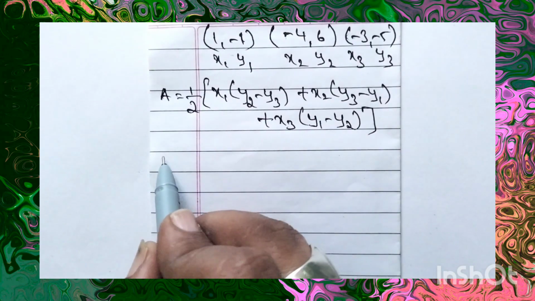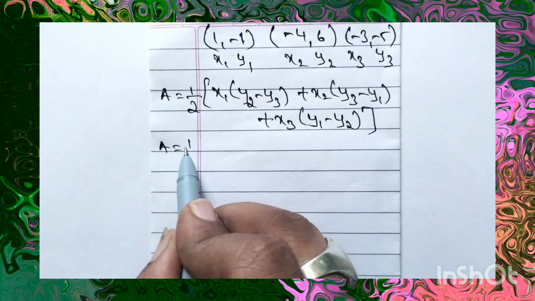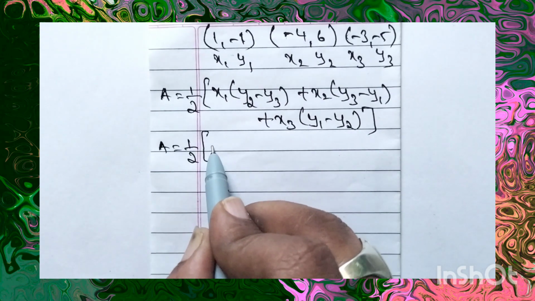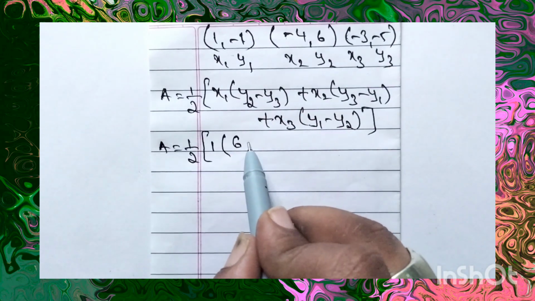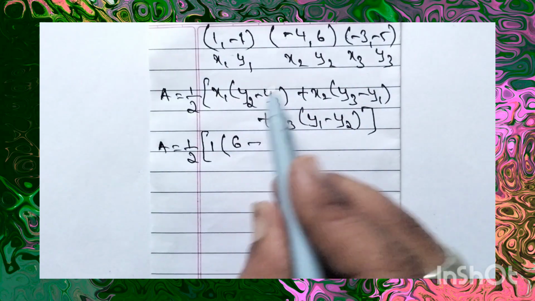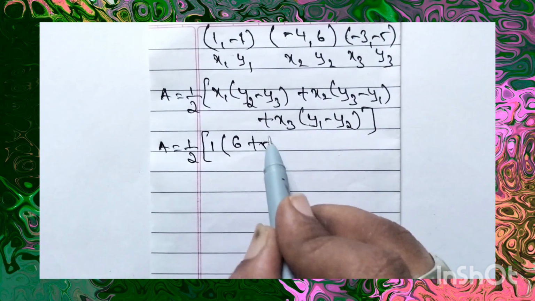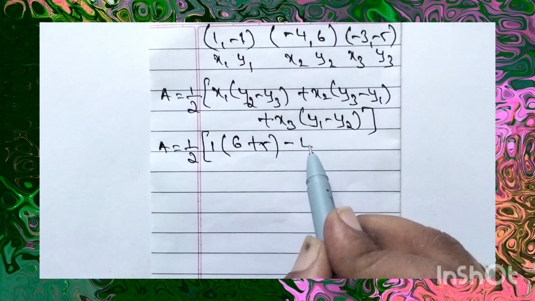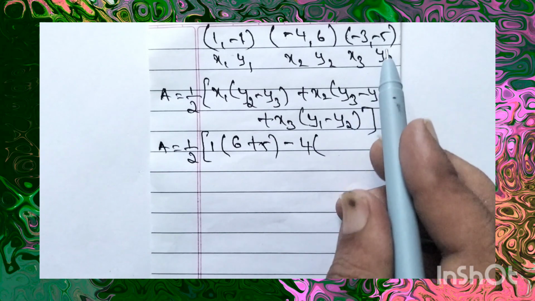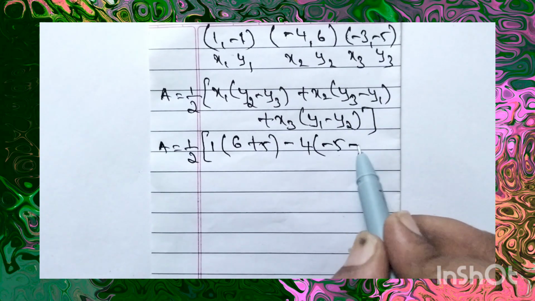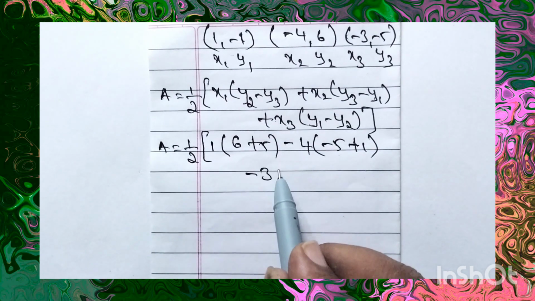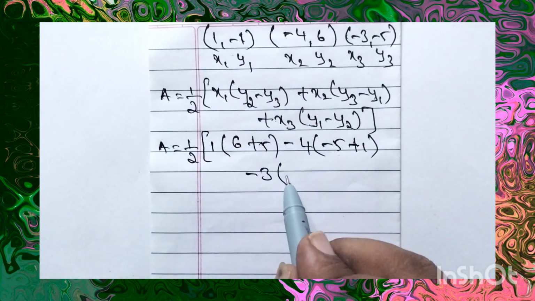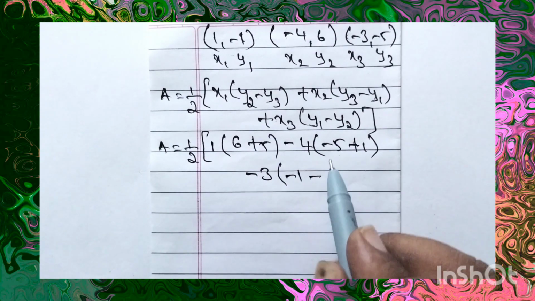So now area is equal to half into 1 into y2 which is 6 minus y3 which is minus 5, so plus 5, plus x2 which is minus 4 into y3 minus 5 minus y1 which is plus 1, then x3 minus 3 into y1 minus 1, then minus y2.